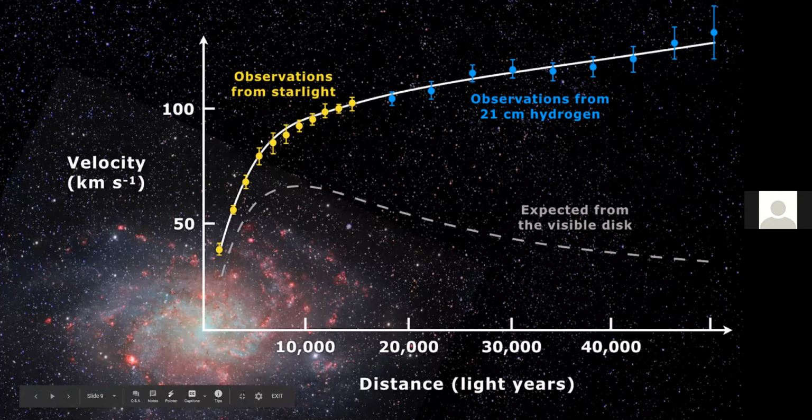So we can see the yellow data points are from observing the orbital speed of the stars. And when we get to the edge of the optical stellar disk, we then have to switch to measuring the rotation of the gas disk, which we can do with radio telescopes, looking at the 21 centimeter emission line from hydrogen.